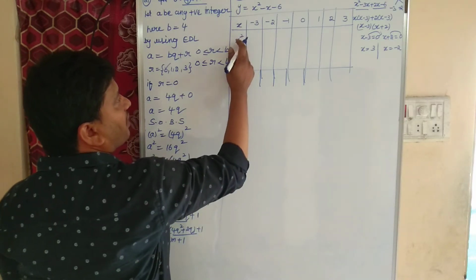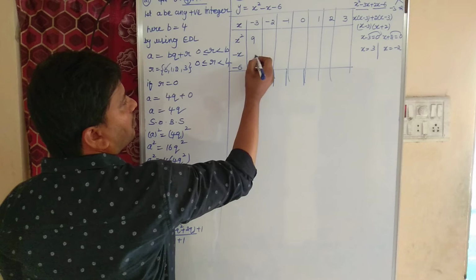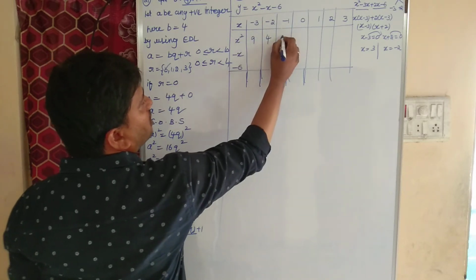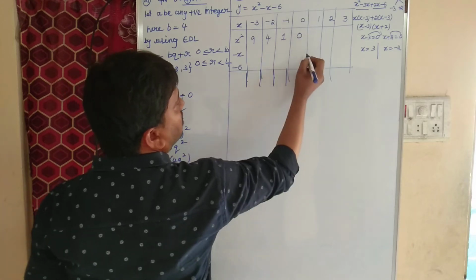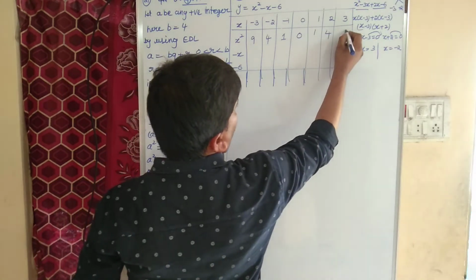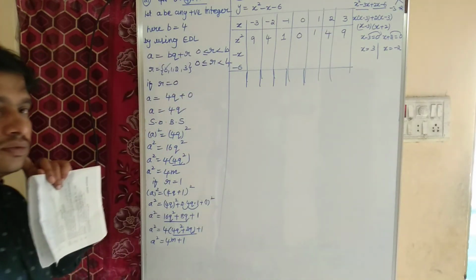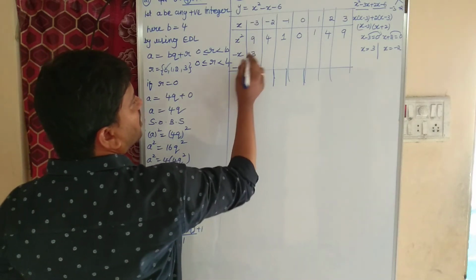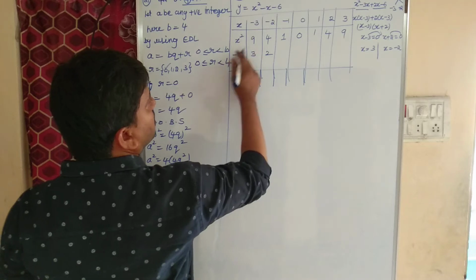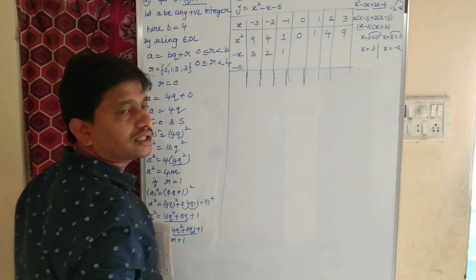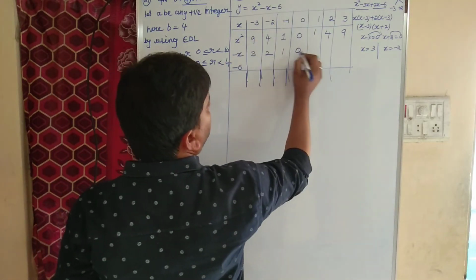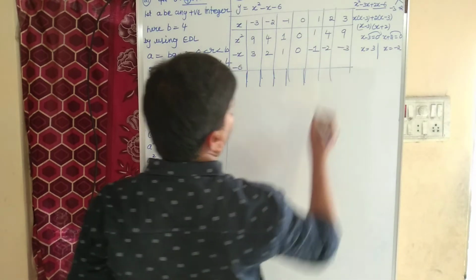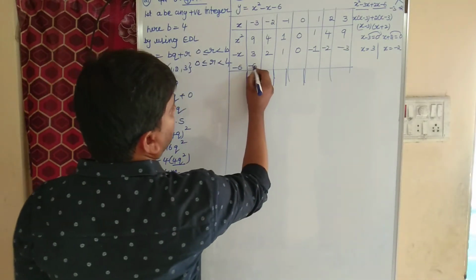In the place of x, minus 3 whole square 9, minus 2 whole square 4, minus 1 whole square 1, 0 square 0, 1 square 1, 2 square 4, 3 square 9. Next minus x: minus into minus plus, so 3, 2, 1, 0, minus 1, minus 2, minus 3. And this is our constant minus 6.